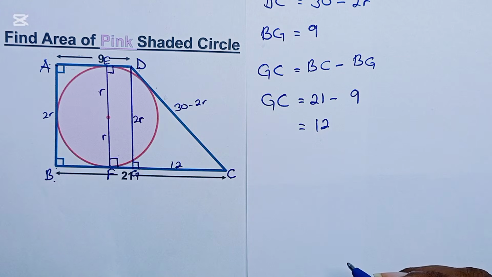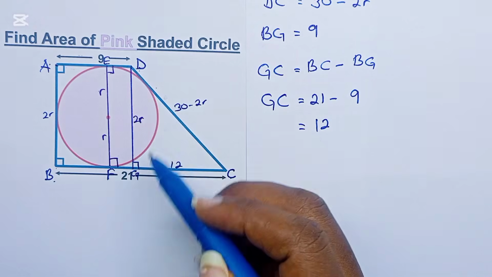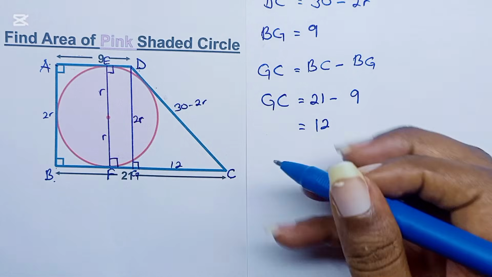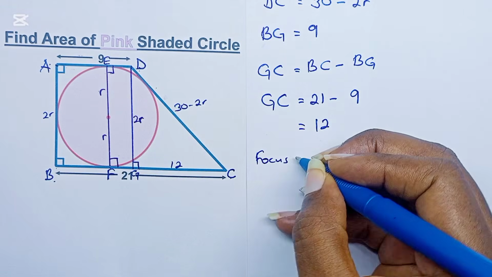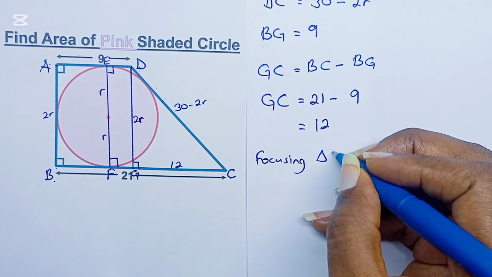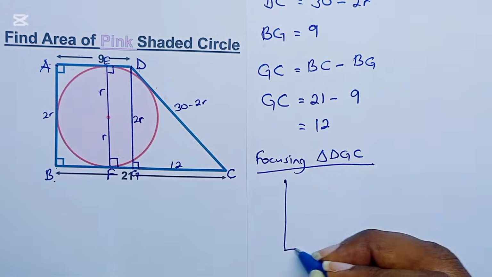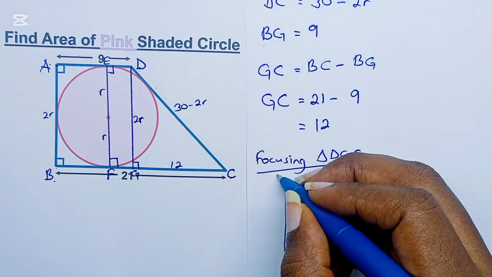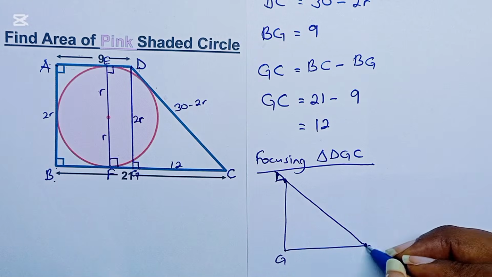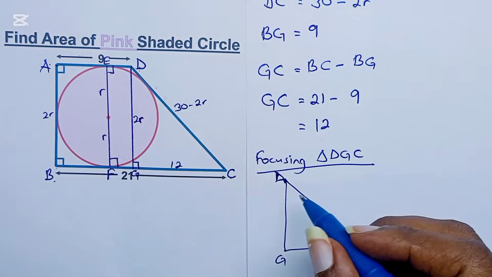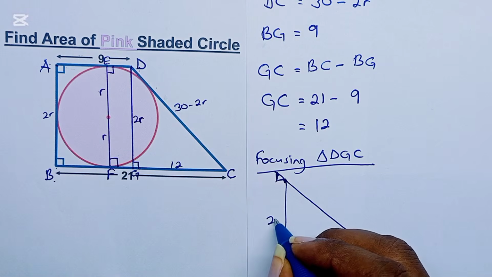As you can see, we come up with a right angled triangle DGC. So let's focus on triangle DGC. This side DG is 2r.